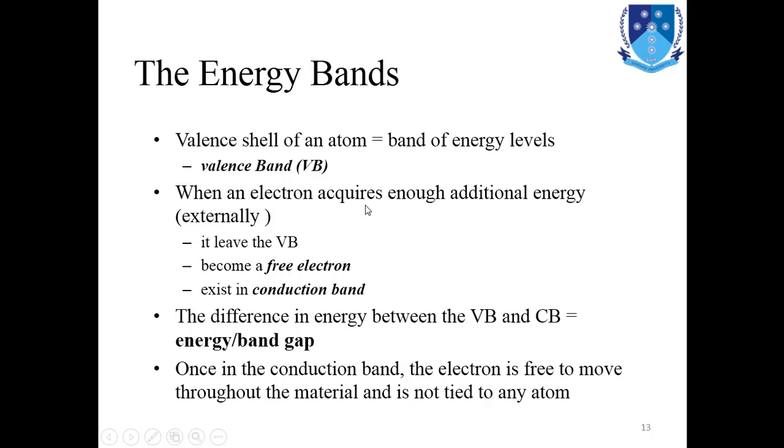Here, when an electron acquires enough additional energy from external sources, like light or heat energy or from any power or voltage source, this electron will leave the valence band and it will become a free electron. Now these free electrons will exist in the conduction band.